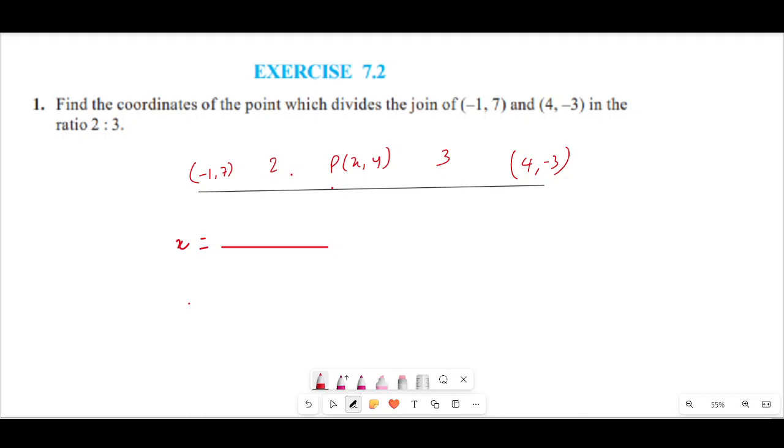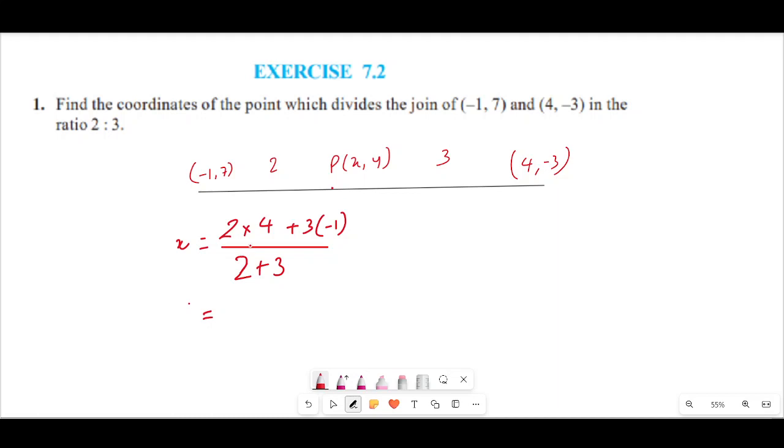The trick is that if you take 2, you should multiply by 4; if you take 3, you should multiply by -1. Now write 2 plus 3 in the denominator, then 2 into 4 plus 3 into -1.